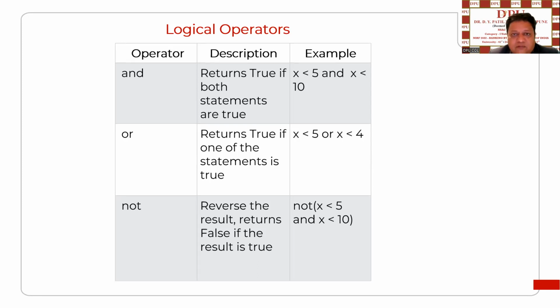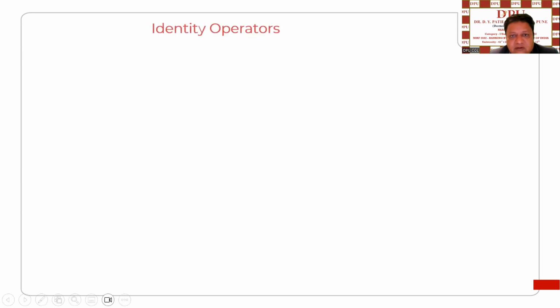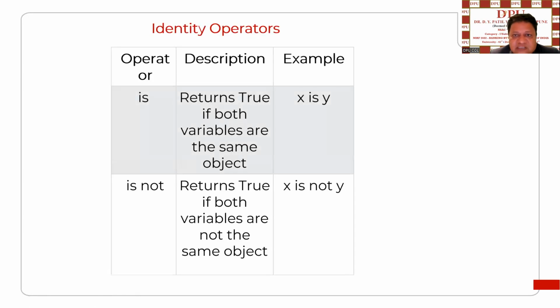Otherwise, it will give you a false value. I will show you with an example later on when I turn to Colab. Here I'm just explaining the operators. Once I complete this explanation part, I will be moving to the Colab notebook. Now the next operators are the identity operators.